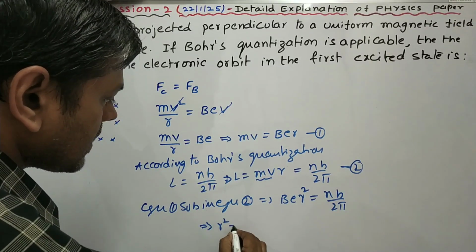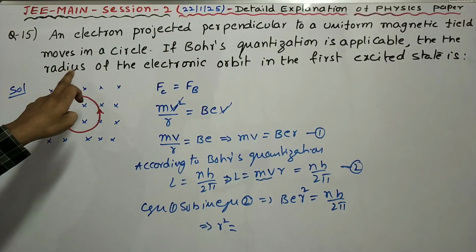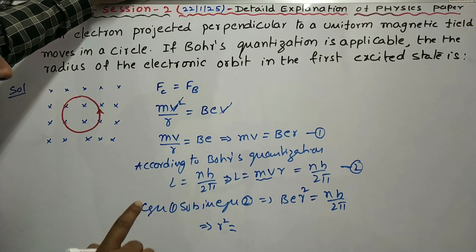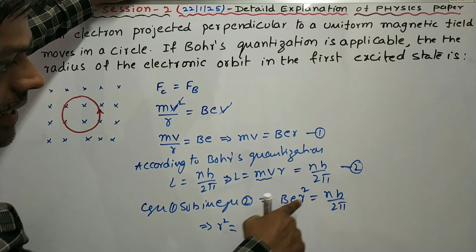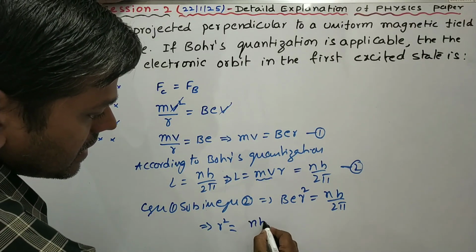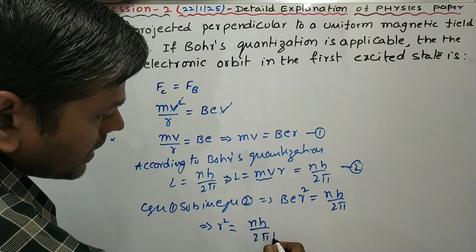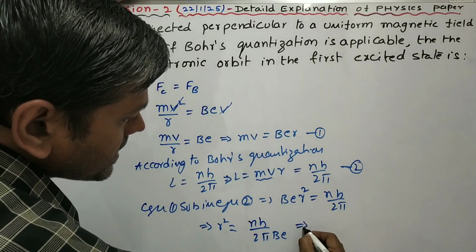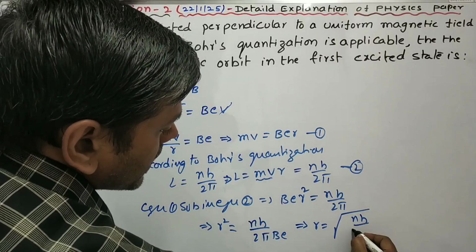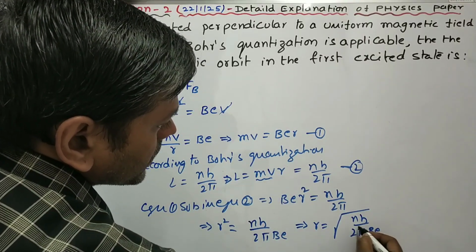That implies r square, the radius of the electronic orbit. First of all, you can calculate the relation between radius and principal quantum number. So r square is equal to nh by 2 pi into B into e. That implies r is equal to under root nh by 2 pi B into e.